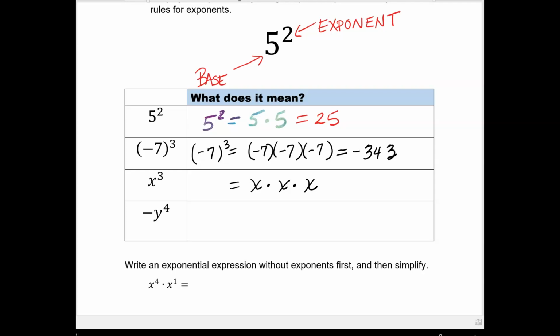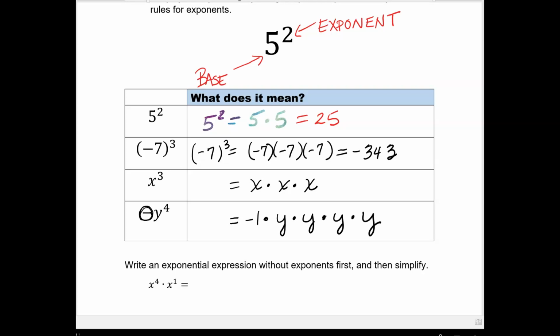Next, we have negative y to the 4th. Now, that's a little different, right? What I want you to first consider is that that negative sign is not in a parenthesis. So it is not to the 4th power. Negative y to the 4th is considered to be negative 1 times y times y times y times y.